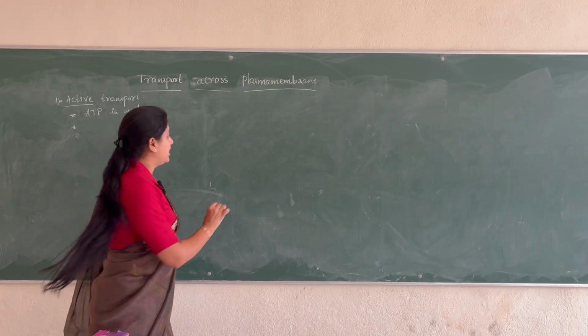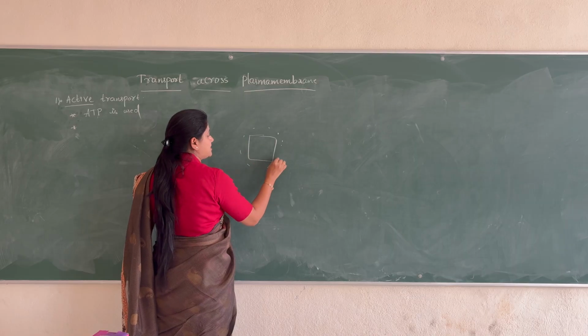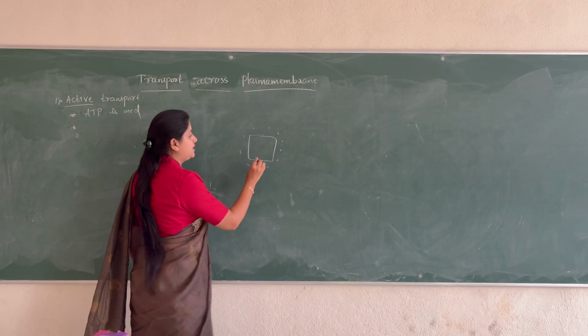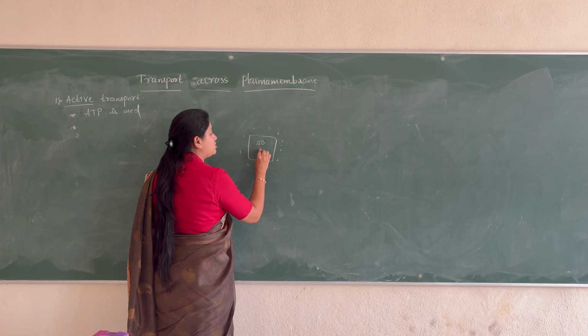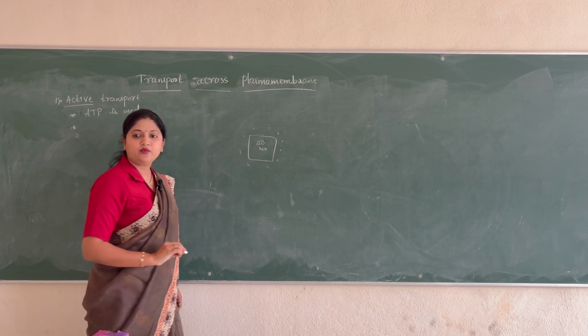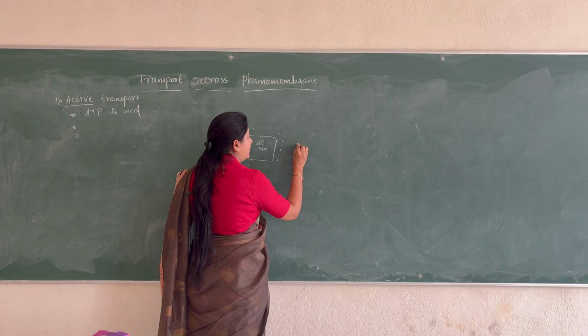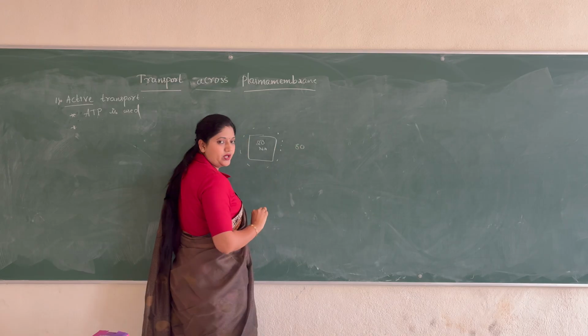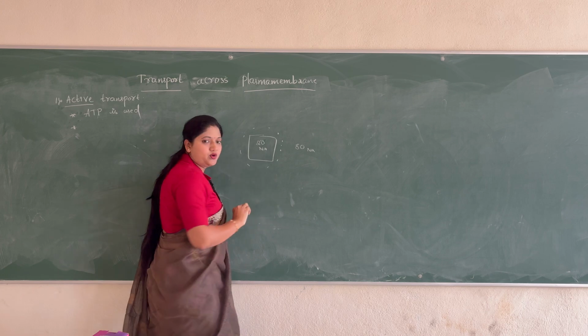See, if there is a cell and this is all the extracellular matrix, let us imagine there are 20 molecules of sodium in the cell, okay, and here there are 80 molecules of sodium. Here there are 20 molecules, here there are 80 molecules of sodium.